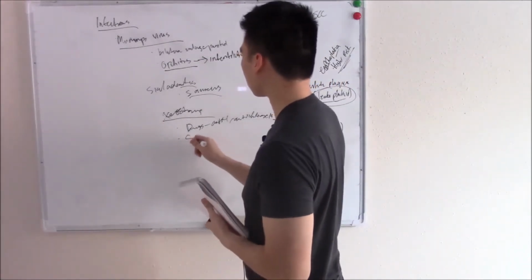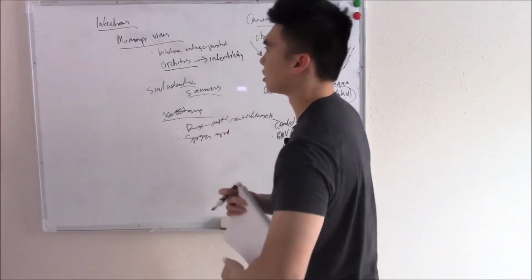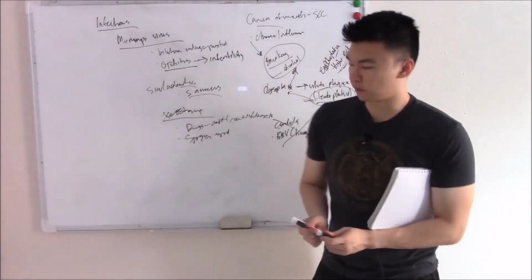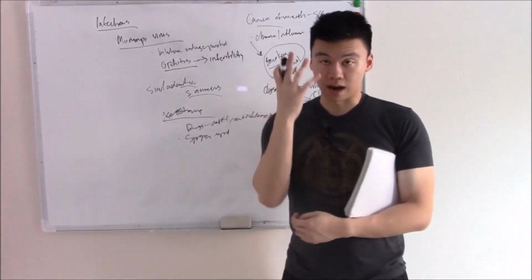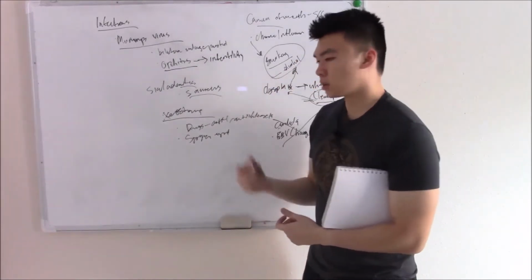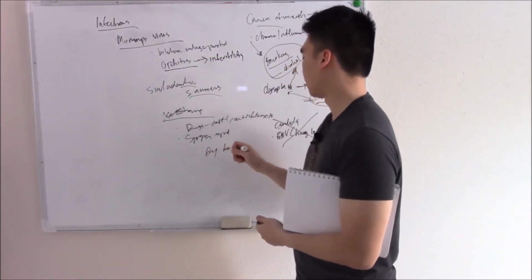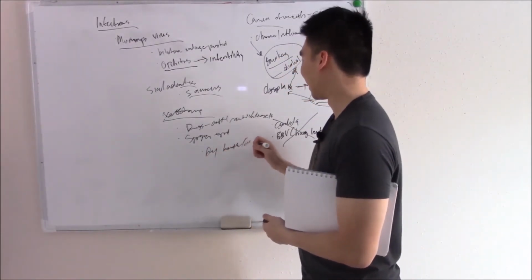You can also have something called Sjogren's syndrome. This is an autoimmune destruction of fluid-producing glands. So your eyes produce fluid. That's what keeps your eyes lubricated. Your mouth, your salivary glands. So patients often complain of dry mouth and eyes.